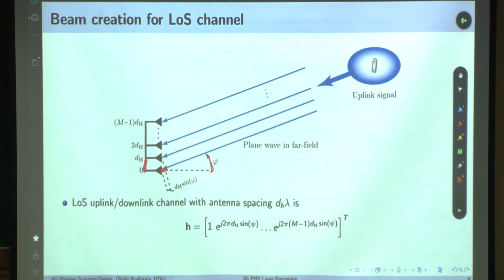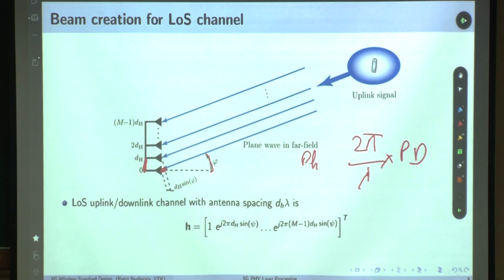So what does the path difference lead to? Between two electromagnetic rays, it leads to a phase difference. For a given path difference, the phase difference will be 2 pi by lambda into the path difference.